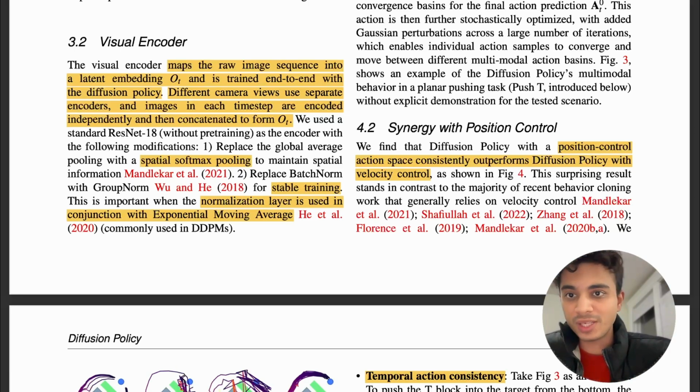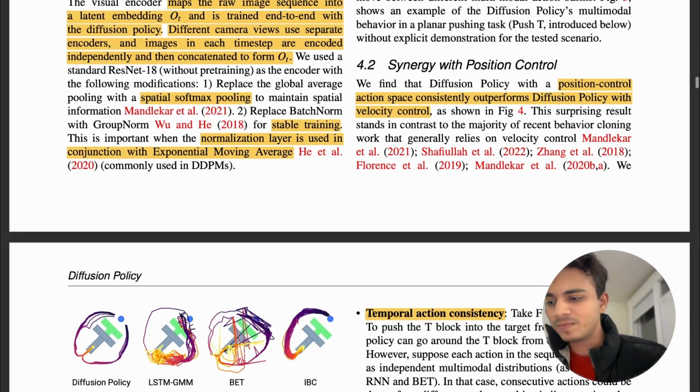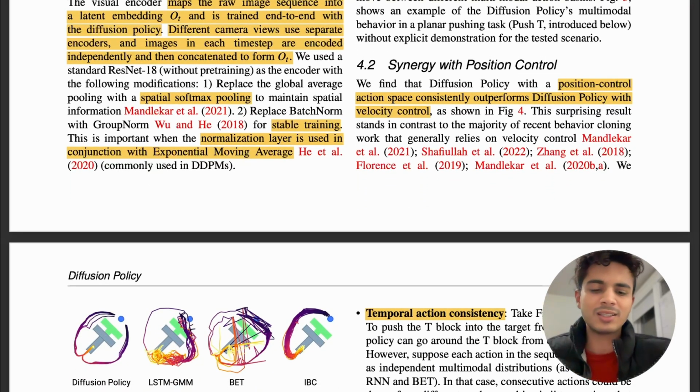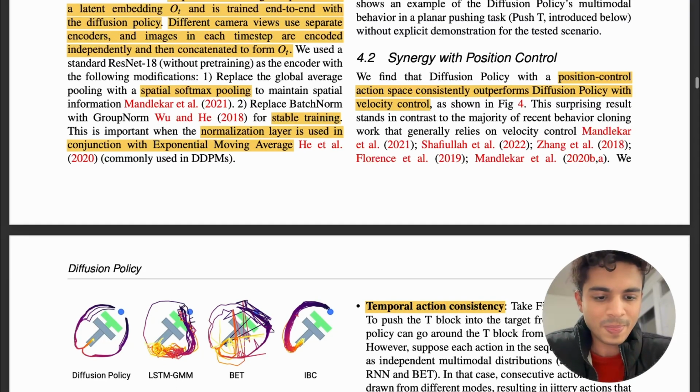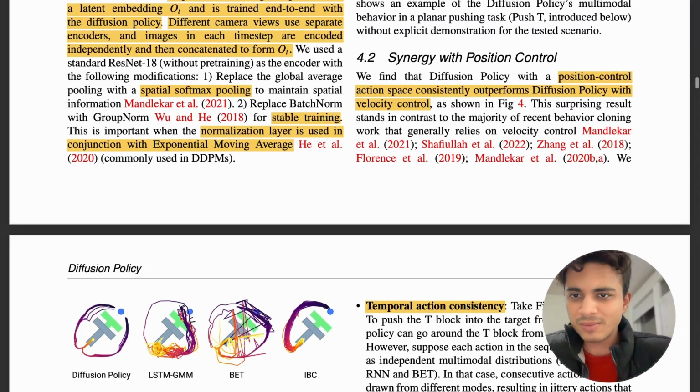One of them is visual encoders. What it does is it maps the raw image sequences into latent embedding O_t and is trained end to end with diffusion policy. Fine. Some things that they're using: they're using ResNet-18 without pre-training, and there are some modifications that they're making to ResNet-18.